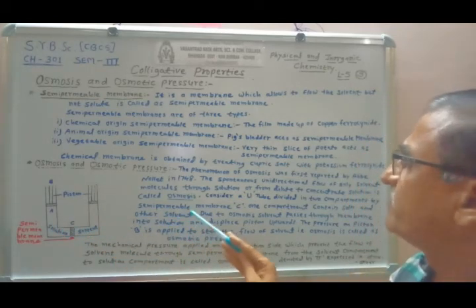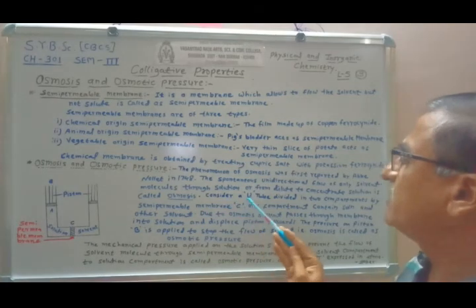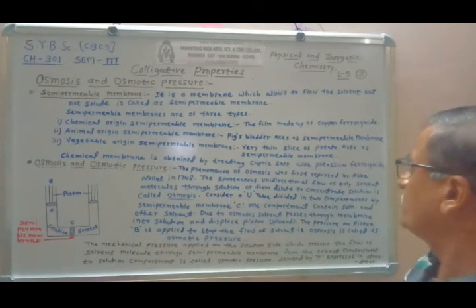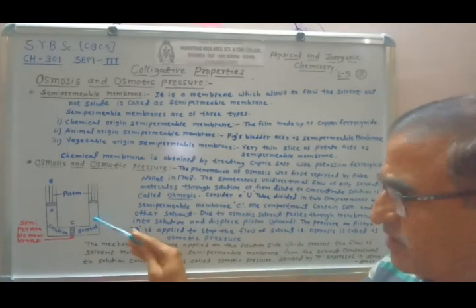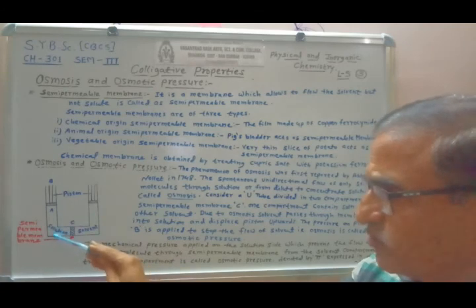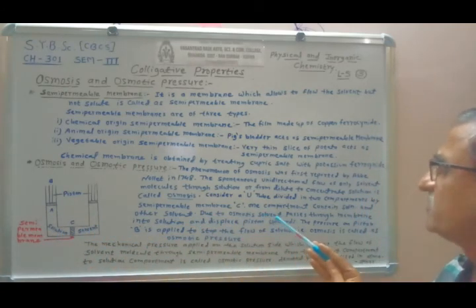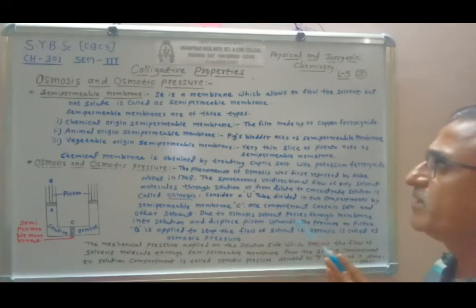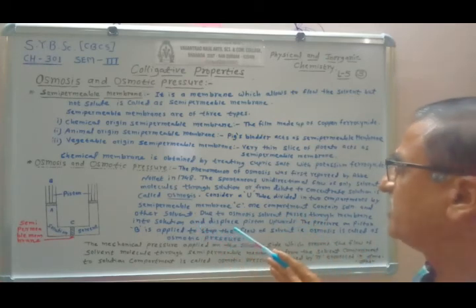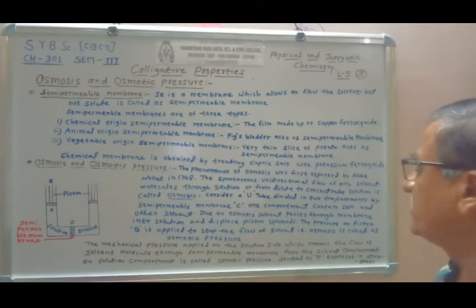Then consider a U-tube divided into two compartments. In one there is a solution, in another there is solvent. Due to osmosis, solvent passes through the membrane into the solution and displaces the piston upwards.